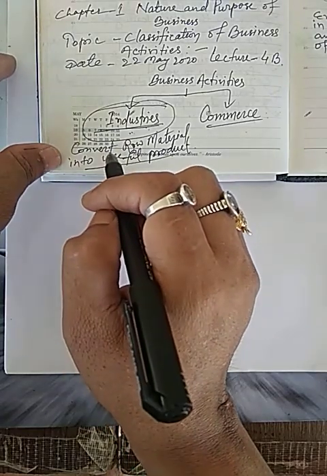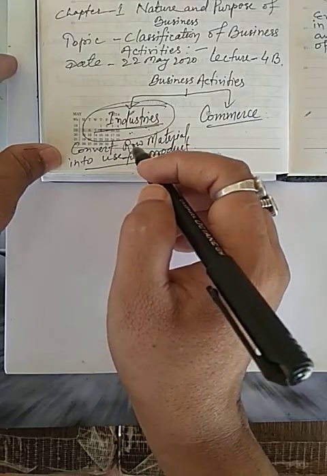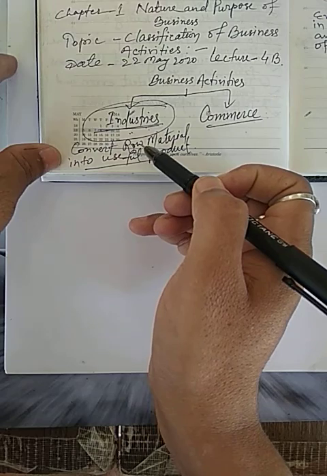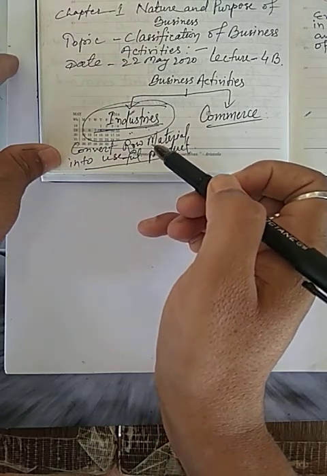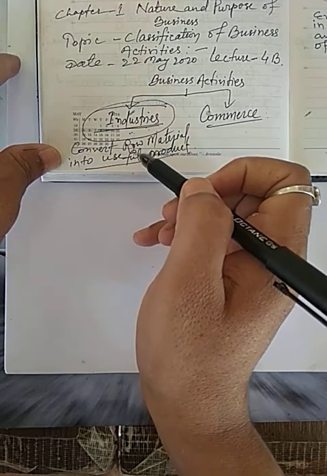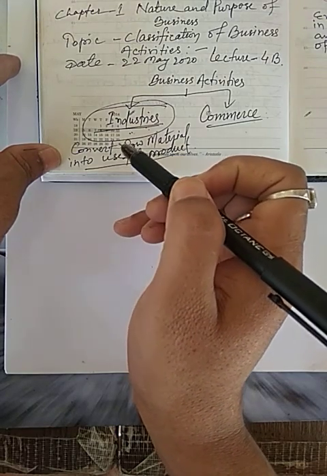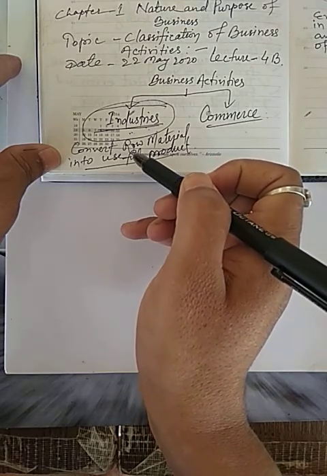Industry includes activities related to production and processing as well as activities related to reproduction of animals or other living species.